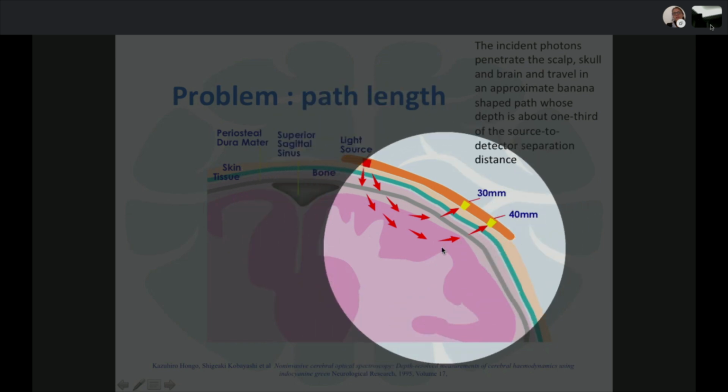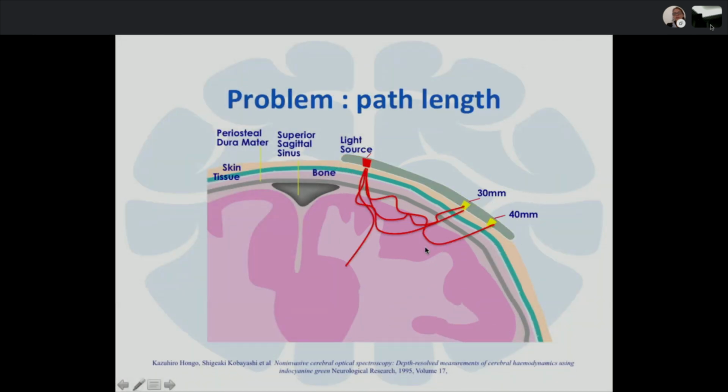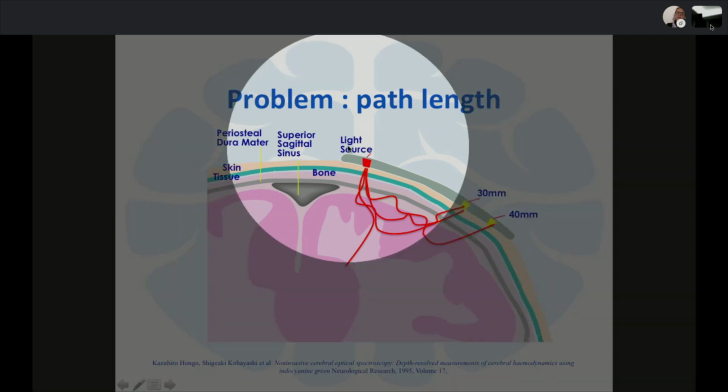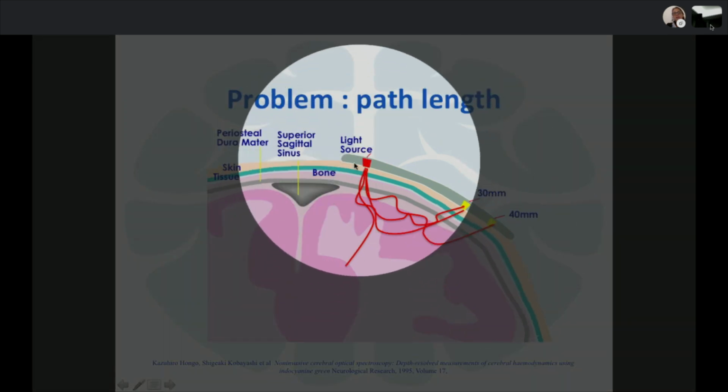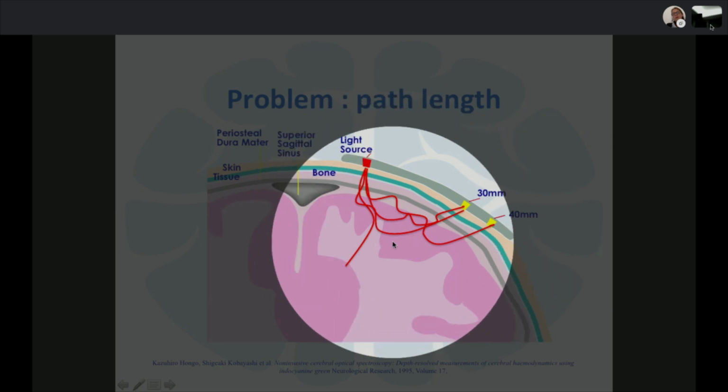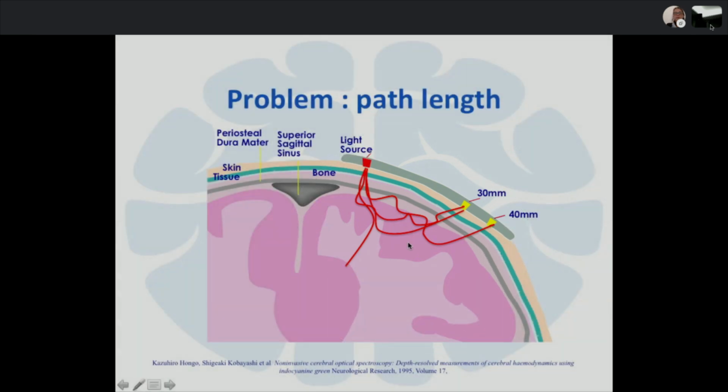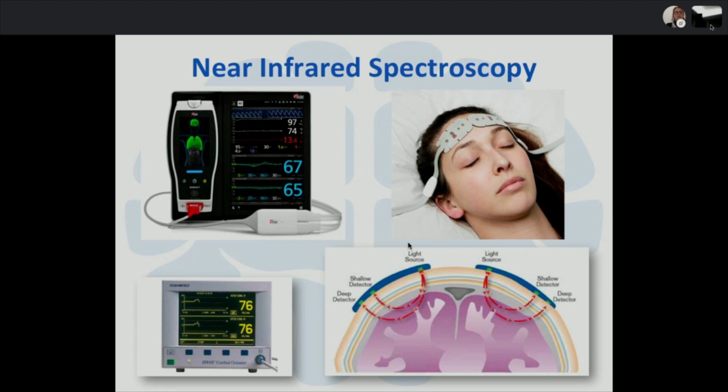So this can determine a sort of contamination. The other problem is that from the light source, the banana shape is not always preserved. So we can get information about extracranial components, something that we do not want to obtain.